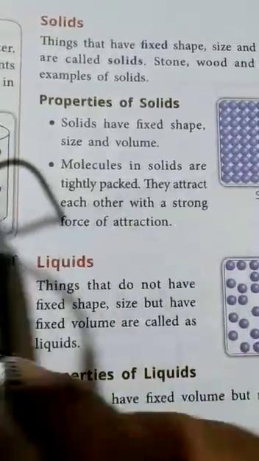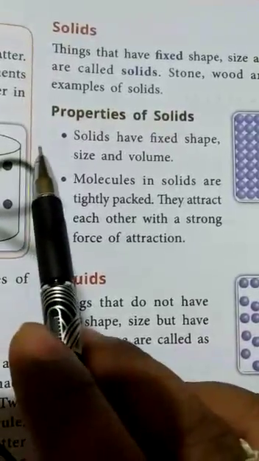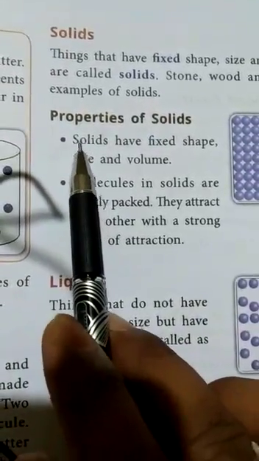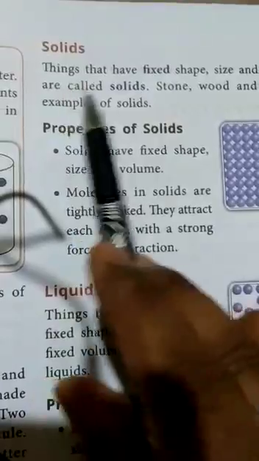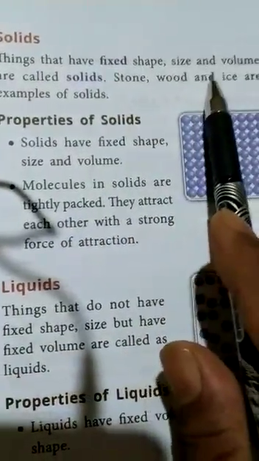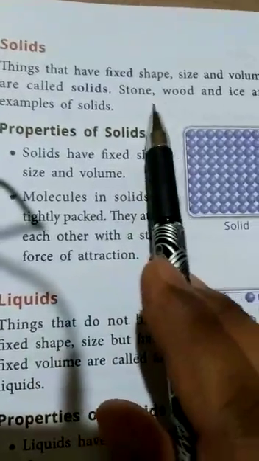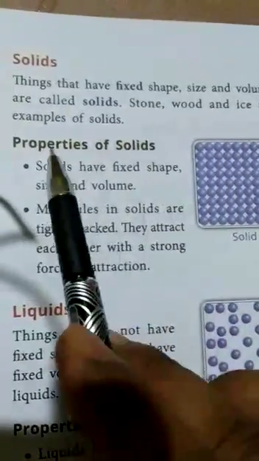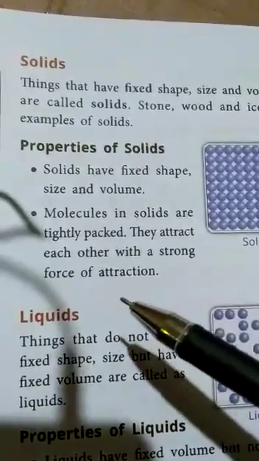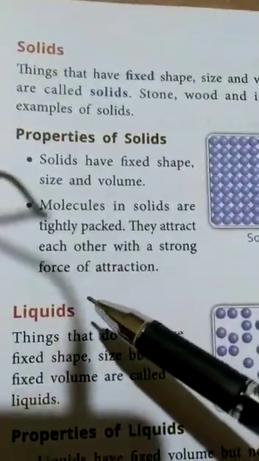Solids have some features, some properties. What are they? Things that have fixed shape, size and volume are called solids, like a stone, wood, ice, so many things around us. All these things are solids, we can say.